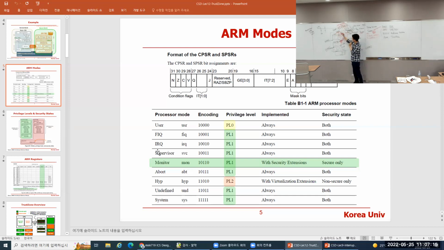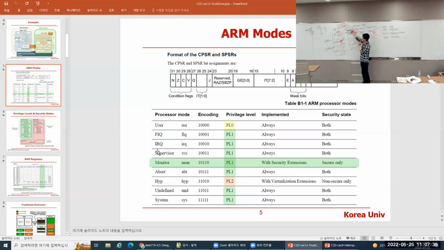If the SMC instruction is executed in normal world, the monitor mode software reads the SCR register, and the NS bit will be 1.